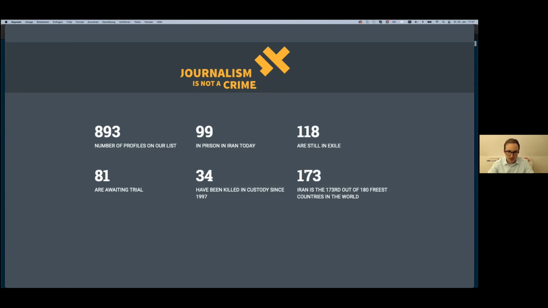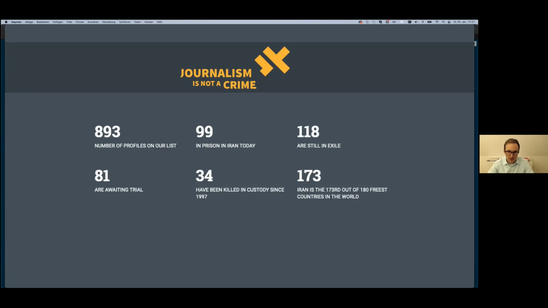We also have the gender of these people, and their current status, so where they live or where they are. Another challenge is showing the individual stories behind, because all these numbers and abstract tiles do not really tell us about the people behind. It's not just numbers, it's really individual stories.